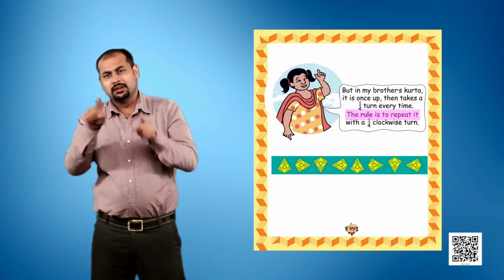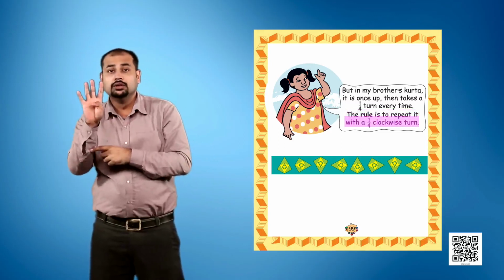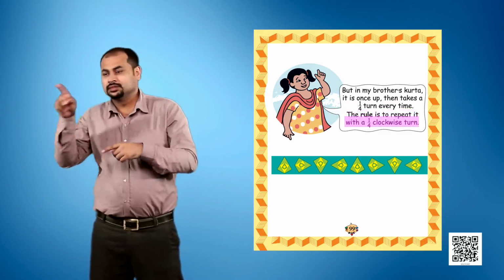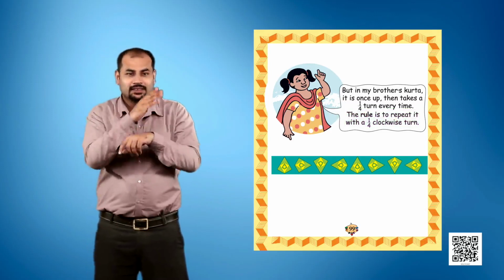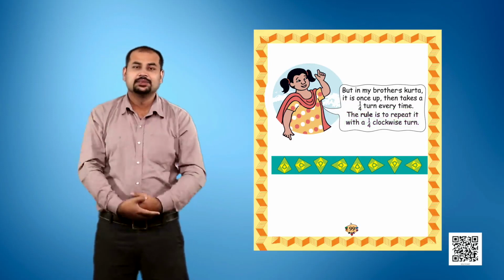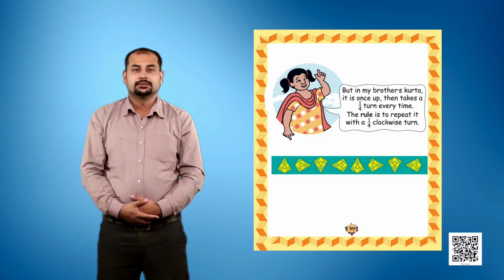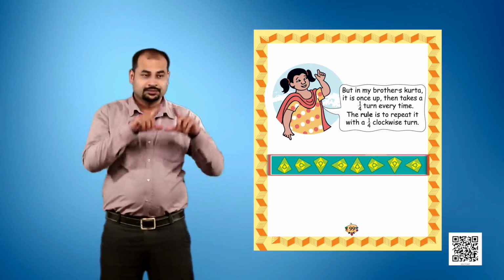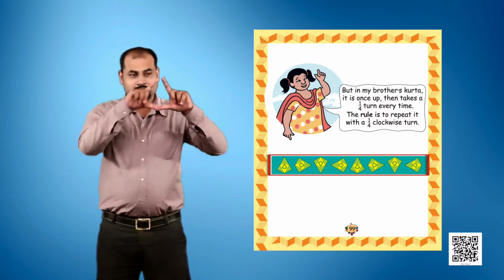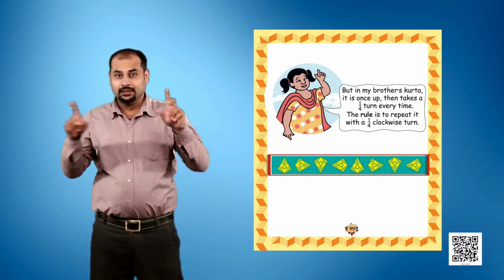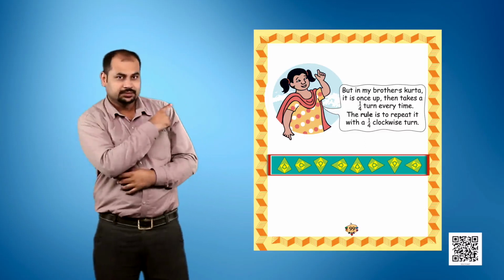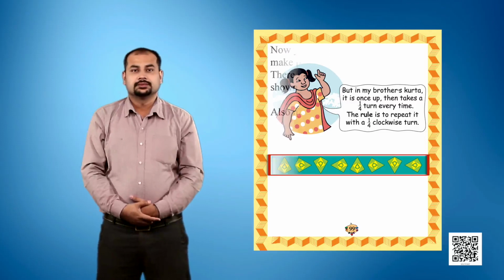The rule is to repeat it with a 1/4 clockwise turn." The friend has just explained one up, one down, and then once up and then a 1/4 turn clockwise.